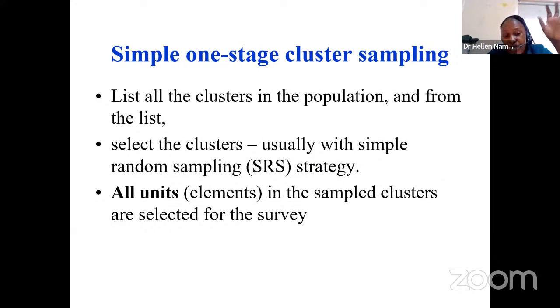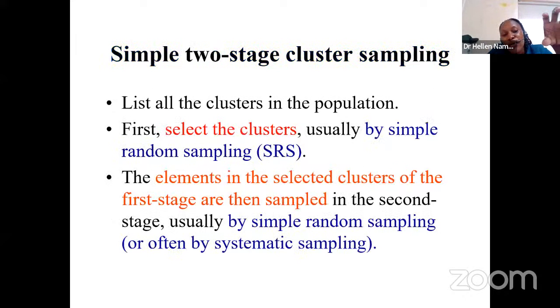Okay. Like I said, when it comes to simple one-stage cluster sampling, you have a list of your clusters. The moment you select them for the first time with a simple random sampling and you consider all the units within those particular clusters, we refer to that as simple one-stage cluster sampling. And then we also have what we call the simple 2-stage.